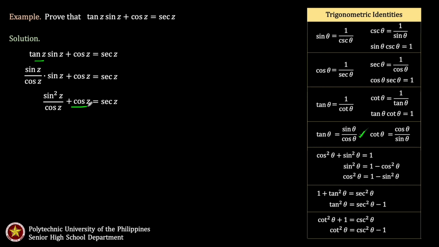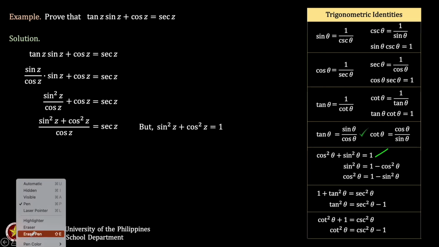We all know that we have a denominator of 1 on this part. So by doing the butterfly method, we will obtain sine squared z plus cosine squared z over cosine z. You can verify that. But sine squared z plus cosine squared z is equal to 1.